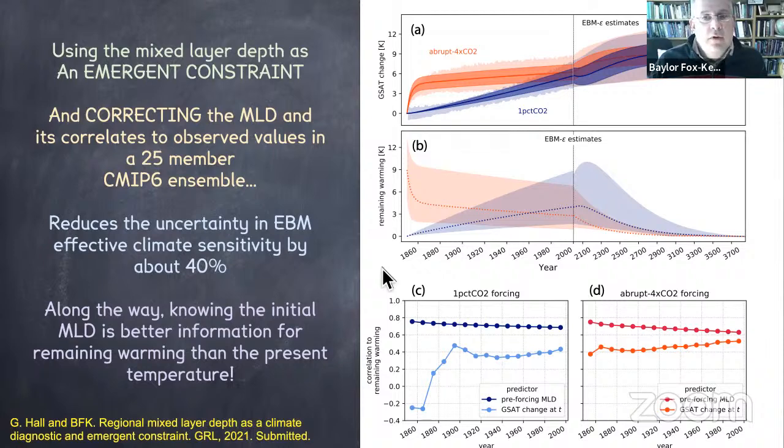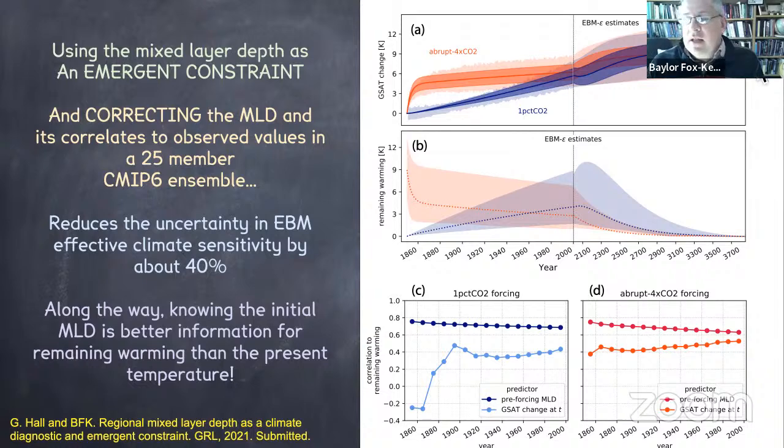CMIP ensemble member's mixed layer depth toward the observed mixed layer depth from Argo, and thereby reduce the ensemble spread in climate sensitivity. The thin lines here show the raw CMIP ensemble, and the darker lines show the mixed layer depth corrected CMIP ensemble for the 1% CO2 warming experiment and the 4 times CO2 experiment.